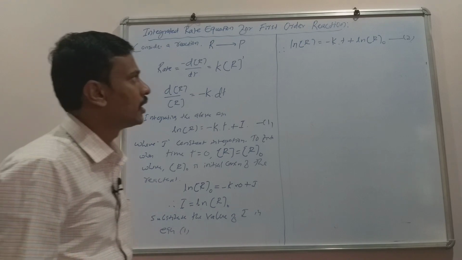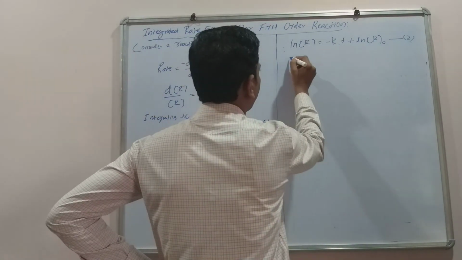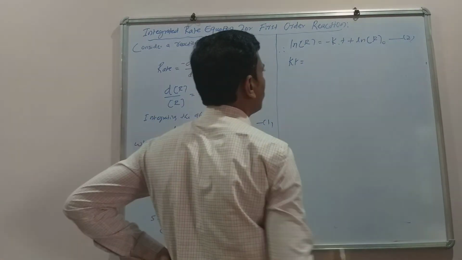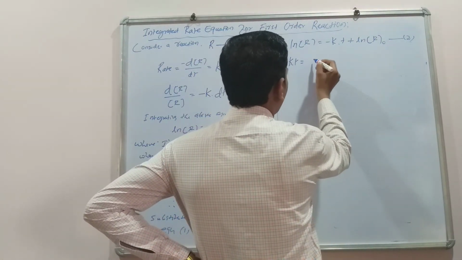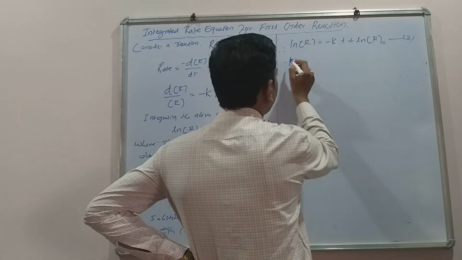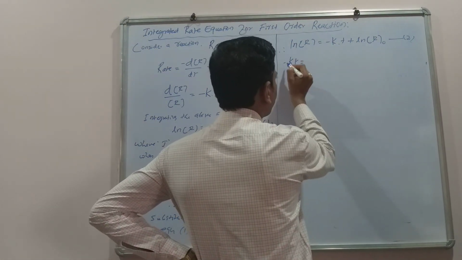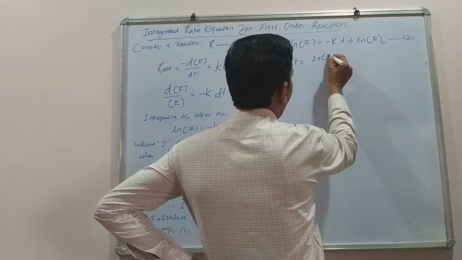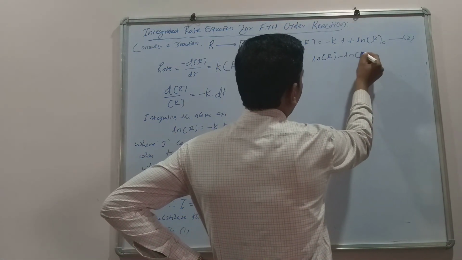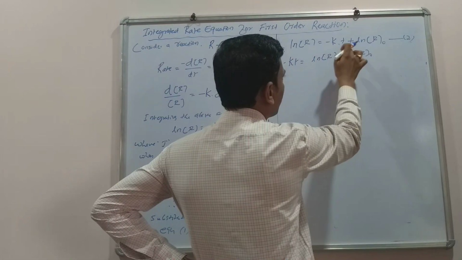Is it right? Now, again by rearranging the equation, minus kt is equal to ln R minus ln R naught.